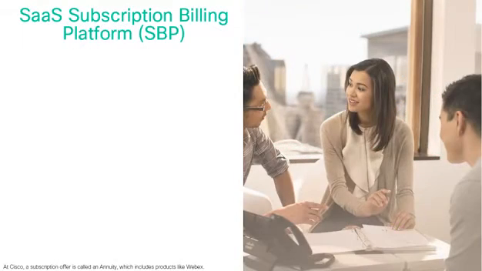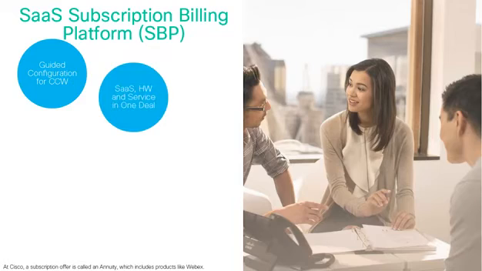Cisco's subscription billing tool within CCW is called SaaS Subscription Billing Platform, or SBP. Guided configuration for CCW and support resources are available. This ensures easy and accurate quoting for everyone, even if you are new to SaaS. Buying on subscription allows you to have SaaS, hardware, and service in one deal.